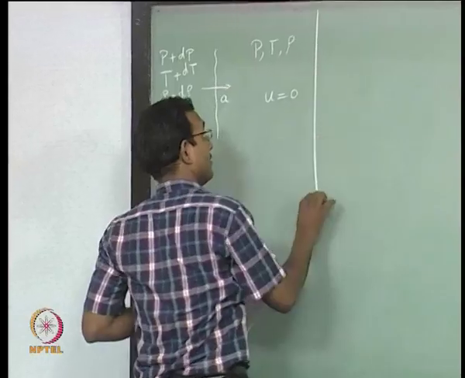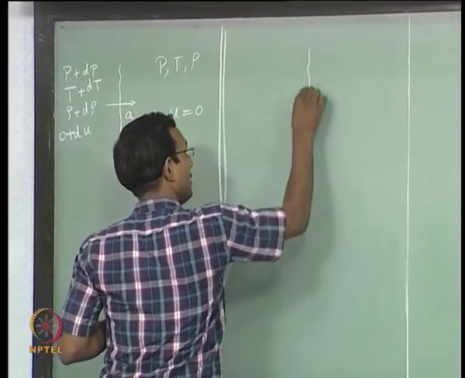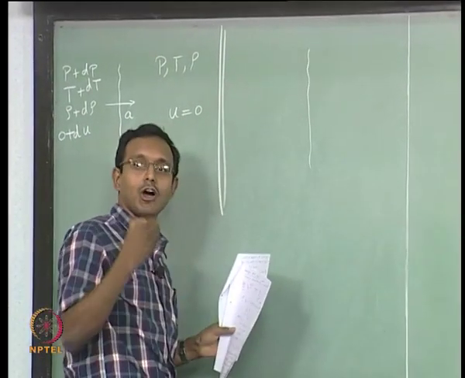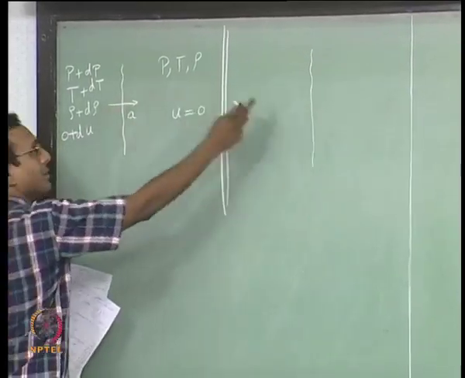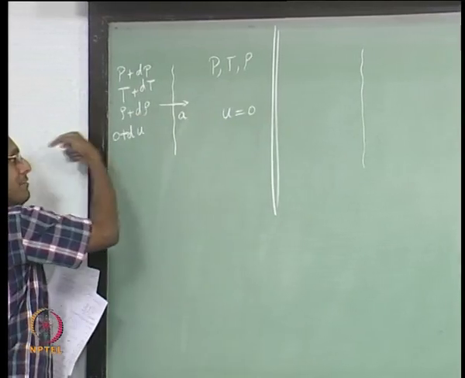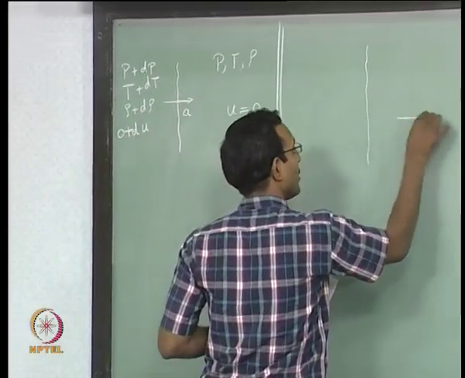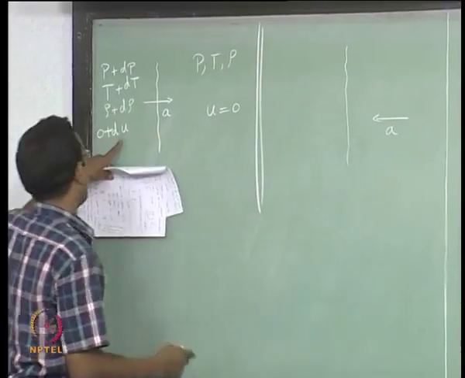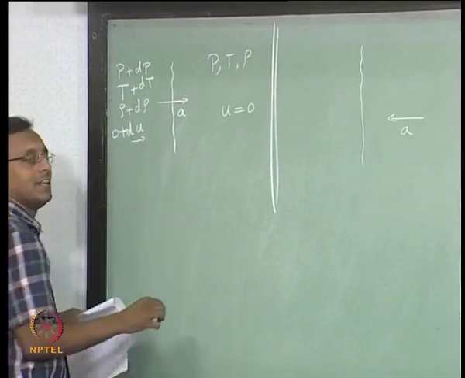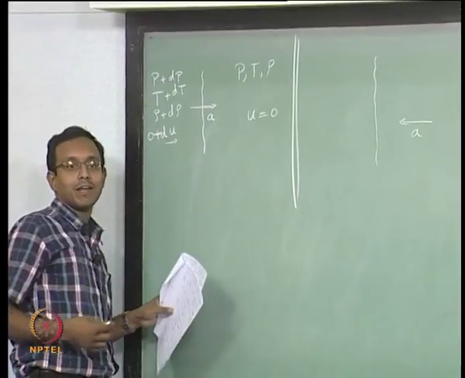From here we transformed to the other coordinate system where the reference frame is fixed on the wave itself, which means from here to here I am adding negative wave velocity component everywhere. So I am going to have velocity a here, and I said there is a positive du this way, minus a the other way.